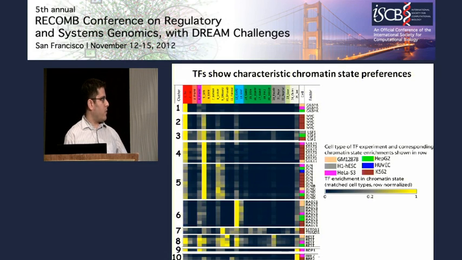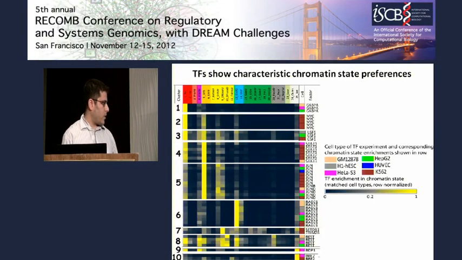Each row is row normalized, where the yellow indicates the chromatin state which had the greatest enrichment for binding peaks of that regulator. And it turns out that most of the states which have the highest enrichment were one of these open chromatin states, such as the active promoter, the active enhancer, or this open chromatin state with CTCF.